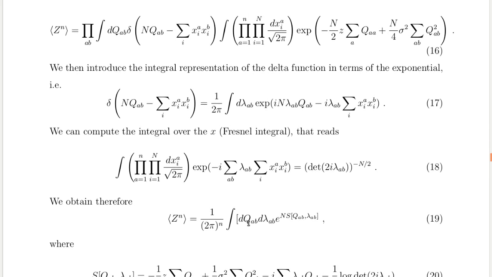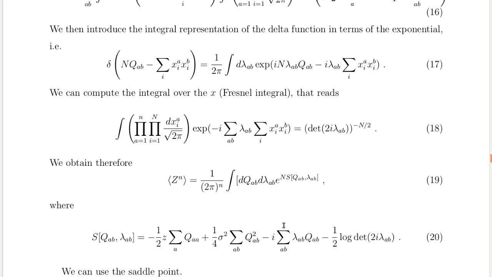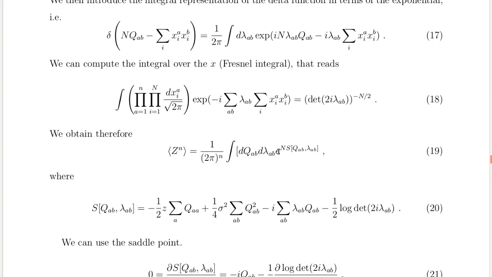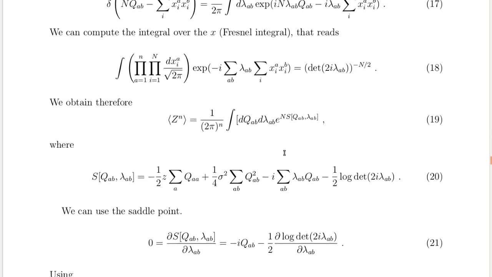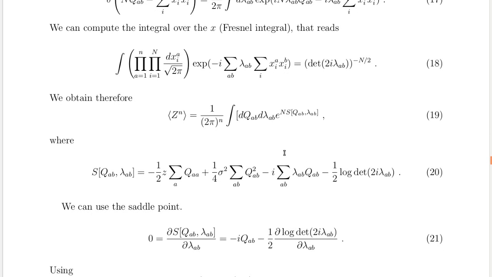Here we have an integral over the matrix Q and the matrix lambda, of the exponential of a quantity, and this quantity has this expression. As we can see from equation 19, the argument of the exponent is linear in capital N. Since we are interested in the asymptotic behavior of random matrices, where we take the limit of capital N going to infinity, we can use the saddle point method.